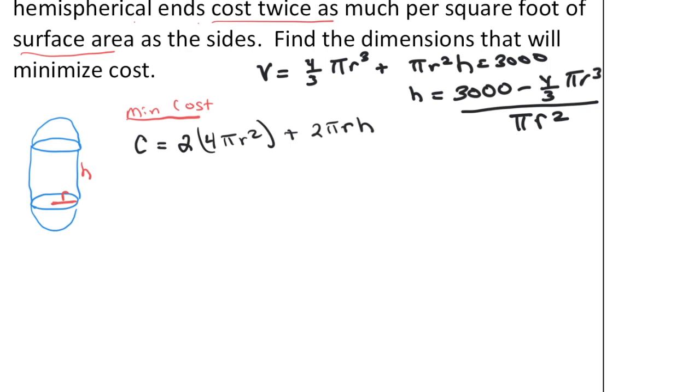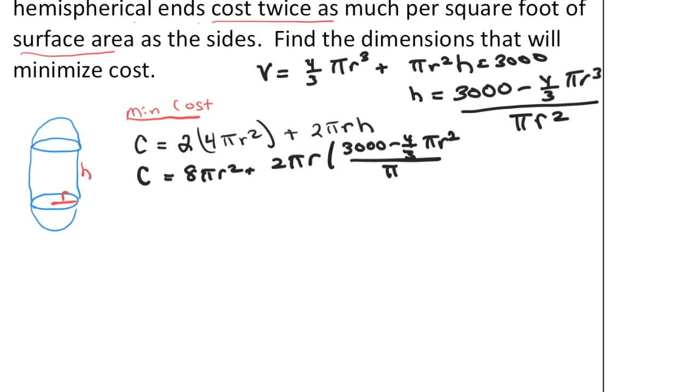Next, we'll substitute the value for h so that we get cost equals your 8 pi r squared plus 2 pi r multiplied by your h value. And after that, we will do just a little bit more simplifying. We end up with a nice little 8 pi r squared plus 6,000 over r minus 8/3 pi r squared.